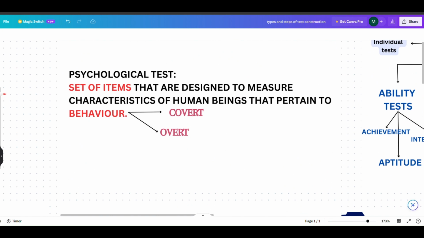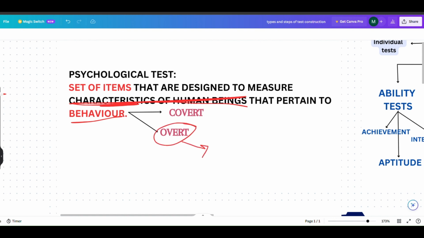Moving on, let's move on to specifically what is a psychological test. Now, a psychological test is a set of items that are designed to measure characteristics of human beings. Specifically, characteristics of human beings. Now, as human beings, we have behavior that can be covert or overt.